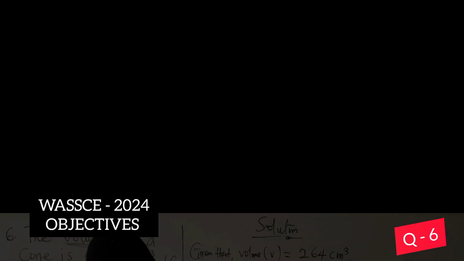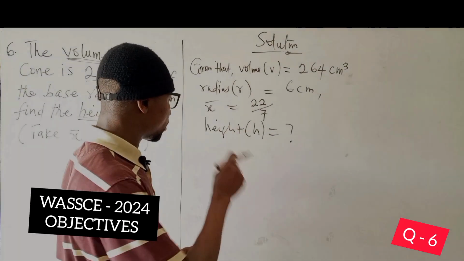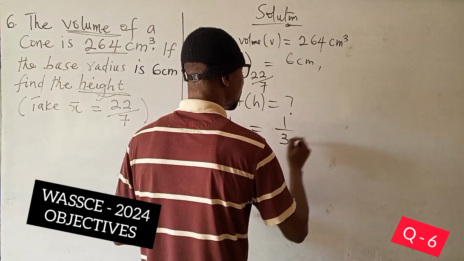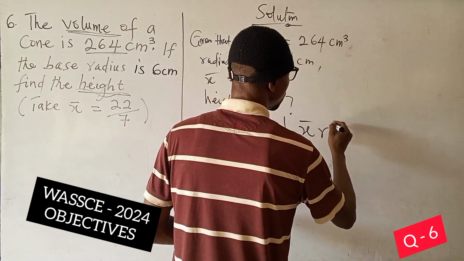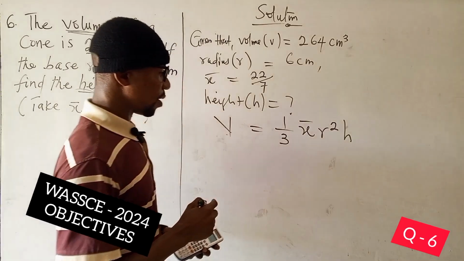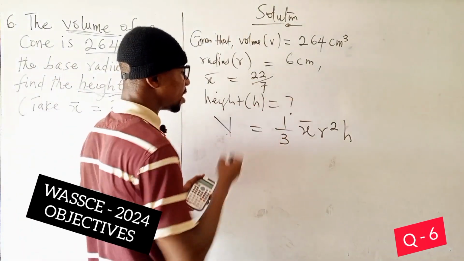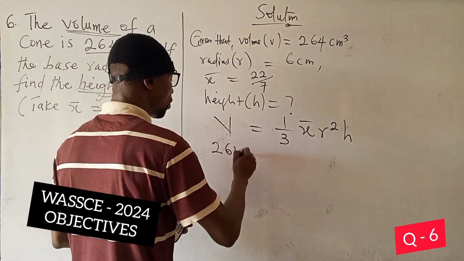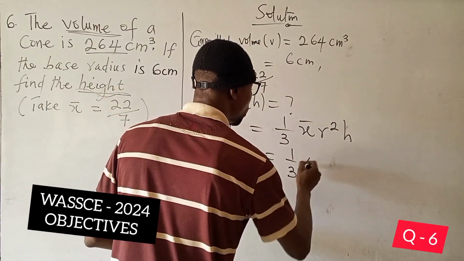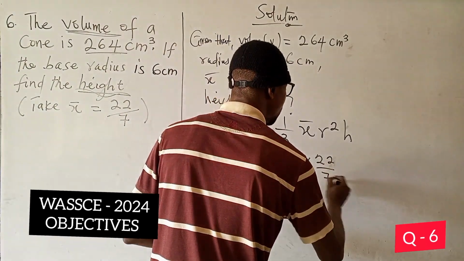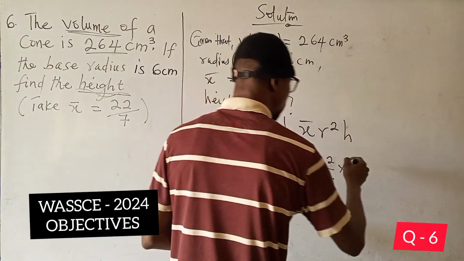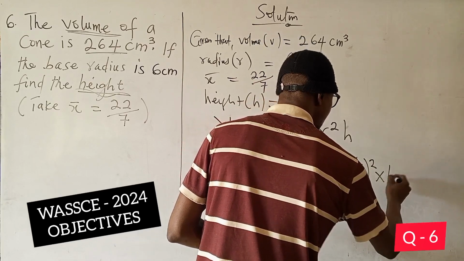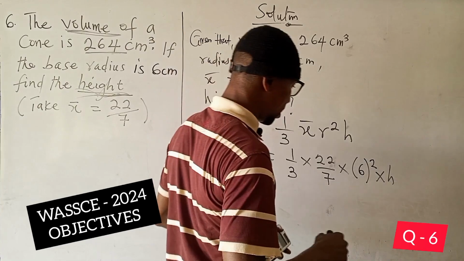We employ the volume of a cone formula to solve this problem. The volume of a cone is 1 divided by 3 pi r squared h. We input the parameters given in the question. So we have 264 equal to 1/3 multiplying 22 divided by 7, multiplying the radius, which is 6, squared, multiplying the height, which is our interest.